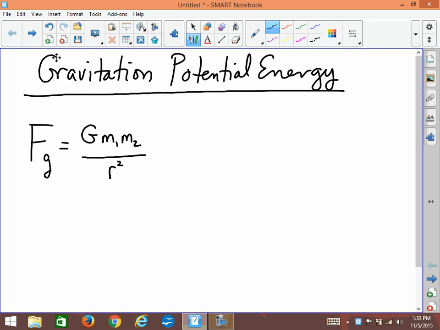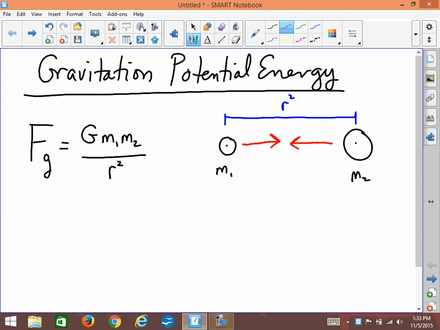And so if we have two objects, and we'll call this one mass 1 and this object mass 2, if we look at their centers, that's assuming that they're basically uniform bodies, but don't worry about that. There's the distance between their centers, r squared, and so there is an attractive force pulling these two objects towards each other.